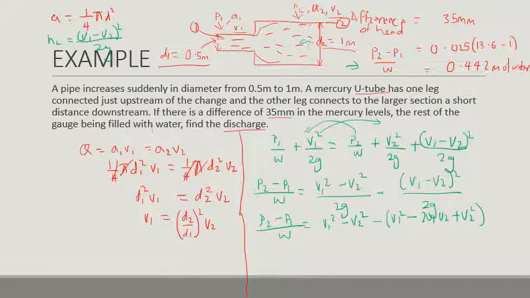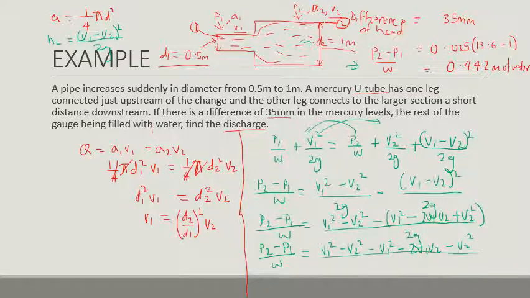I've opened the brackets, then that will be over 2G. So basically that will become P2 minus P1 over W will now be equal to V1 square minus V2 square minus V1 square plus 2V1V2 minus V2 square, all over 2G.